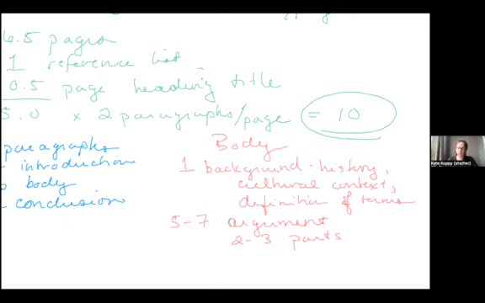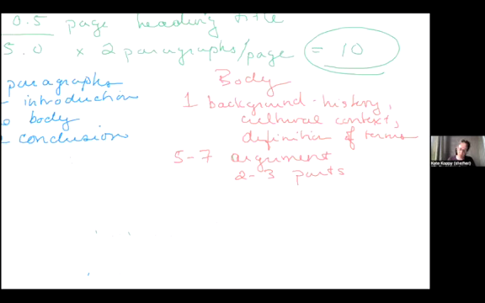So this is where you really need to do the thinking about what are the different parts of your argument and how are you going to balance them with each other, right? So let's say we decide that we're going to divide our argument into 2 big sections.